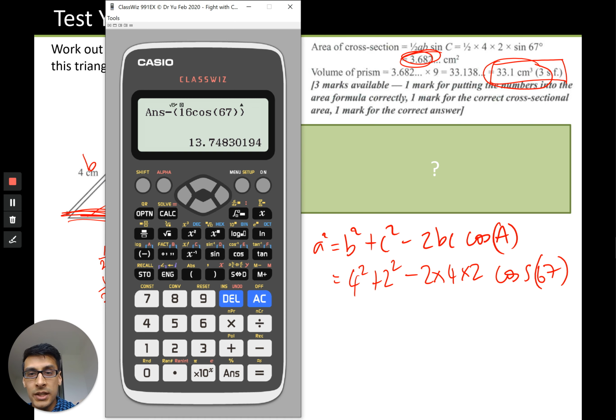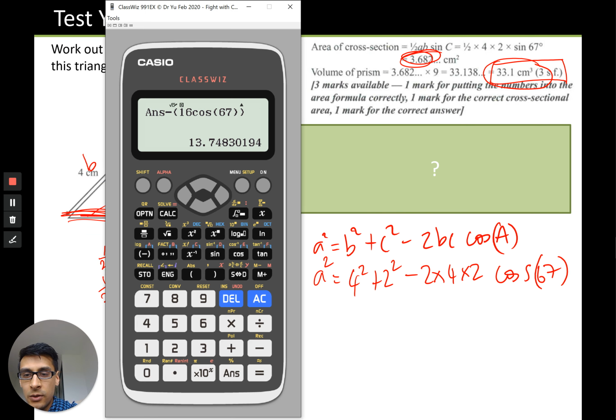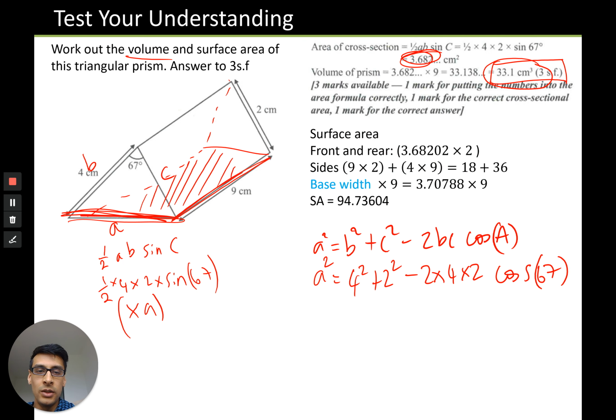Now what we've just worked out is A squared. So remember, we need to square root that. So let's square root the answer. So 3.708, or 3.7078. We didn't want to round it too much, otherwise our answer will be off. So 3.7078. And then the rest of the working out I actually have on the screen here, so I'm not going to write it all out.